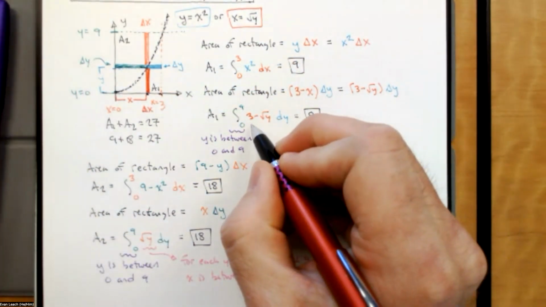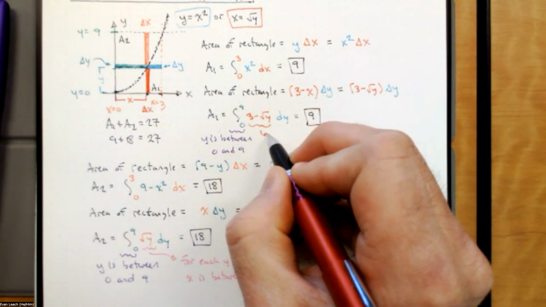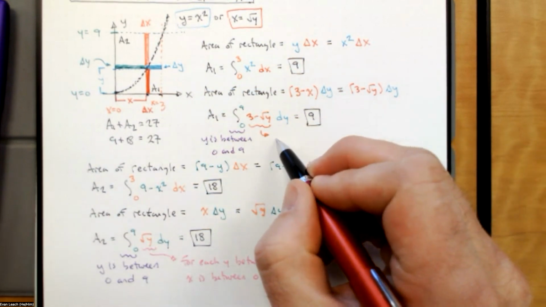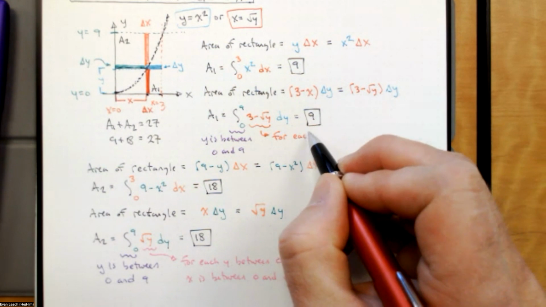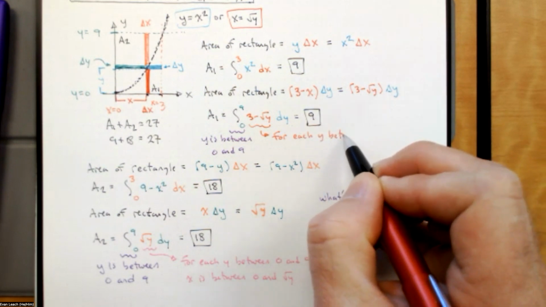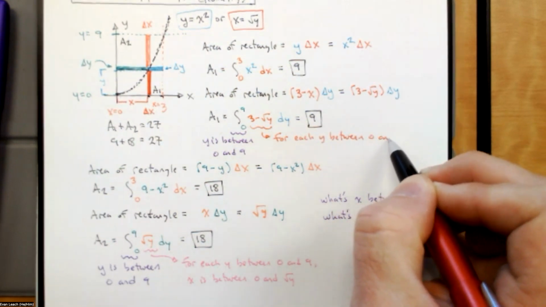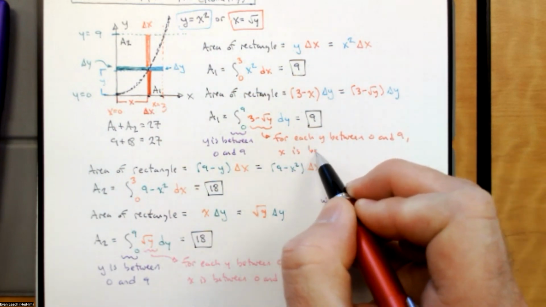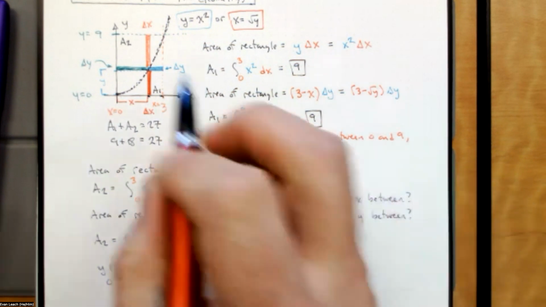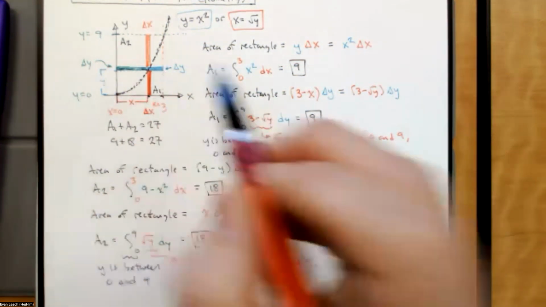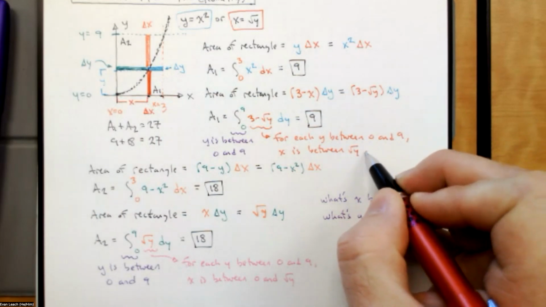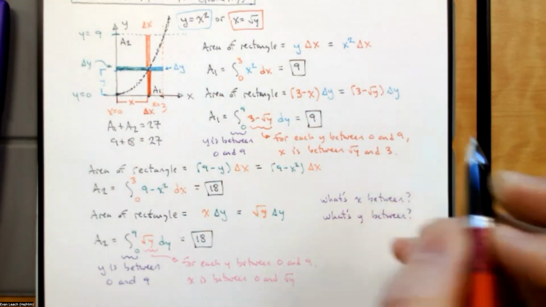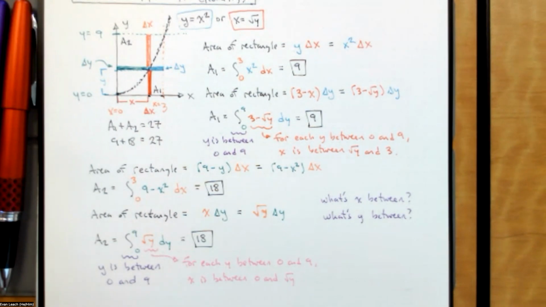And then the function that we're integrating is telling us that for each y between 0 and 9, x is between the square root of y and 3. Starts at the square root of y, ends at 3. That distance is just 3 minus the square root of y.